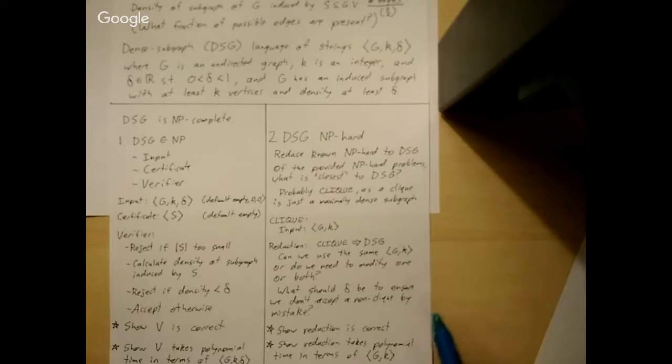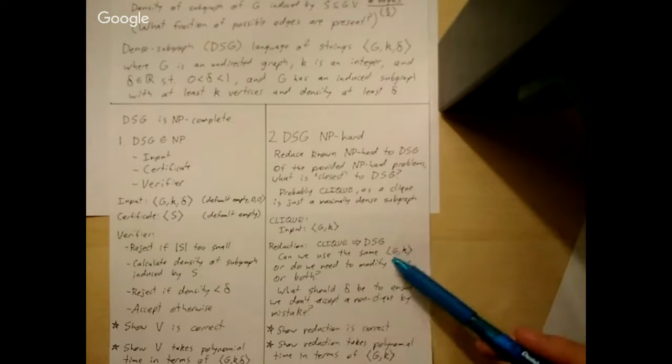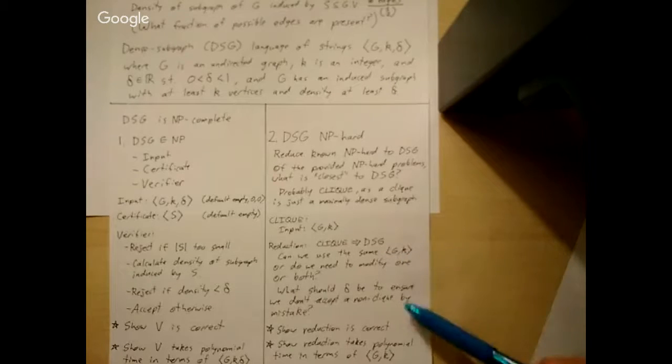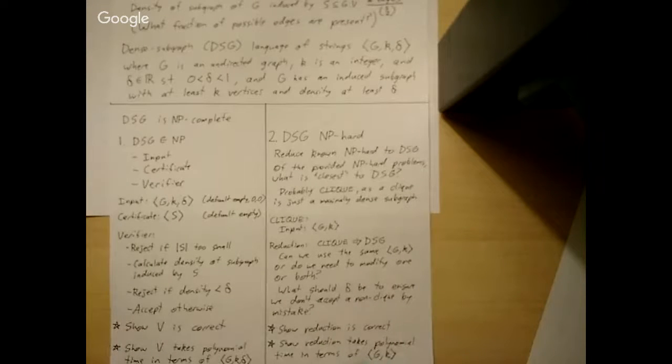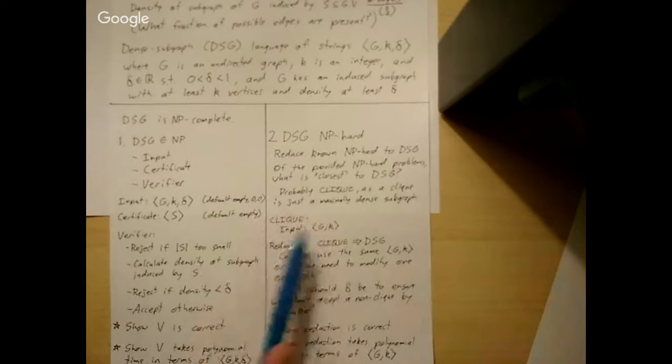Anyway, once you figured out what delta should be, then your reduction just passes through G, k, and the delta that you've computed. And then again, you have the same steps. You have to show that your reduction is correct, and you show that it takes polynomial time in terms of G, k, so in terms of the input to clique, which is also the input to your reduction.